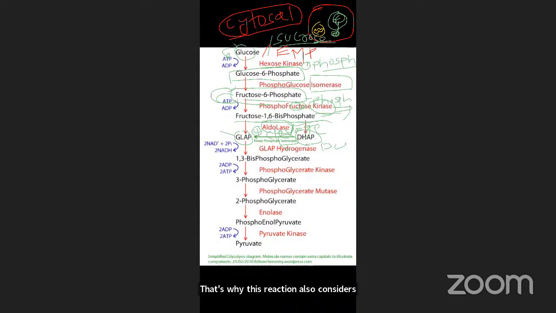Are you clear? Just as glucose 6-phosphate converts into fructose 6-phosphate, glyceraldehyde 3-phosphate and dihydroxyacetone phosphate are mirror images like glucose and fructose. So that is the fifth reaction, isomerization.